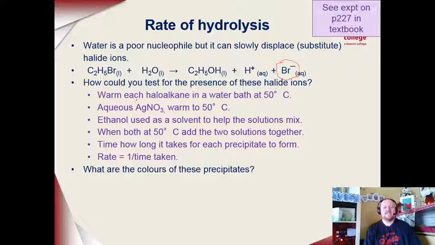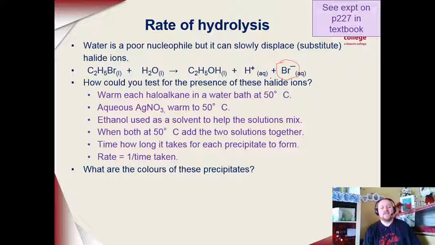We add the thing that's going to hydrolyze the ions, and then we see what happens. So if I have bromoethane and I put some water in there and some silver nitrate, what is going to be the colour of the precipitate that forms when I have bromide ions present?